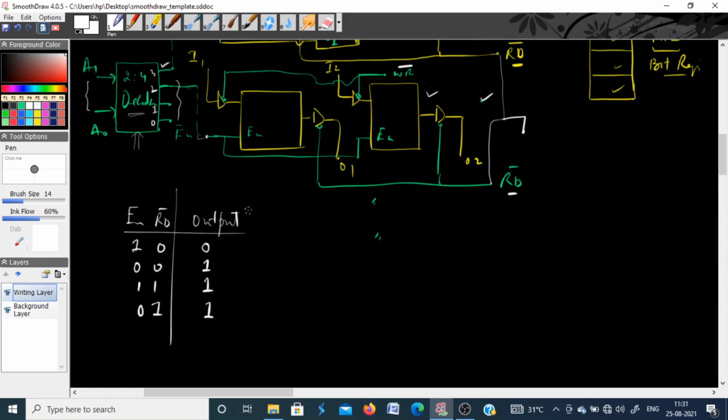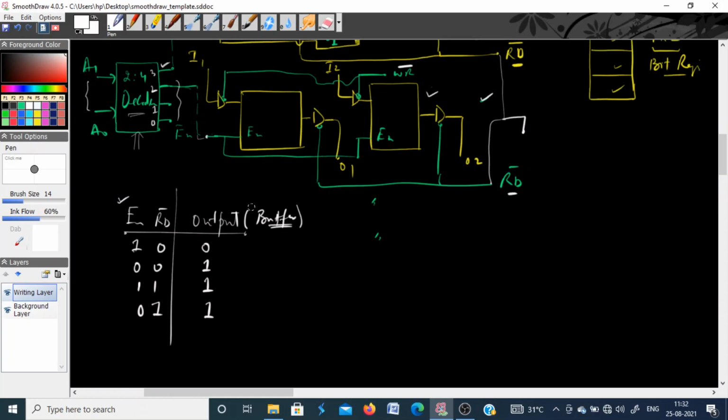Now this is the buffer control, you can say input to the buffer. The input signal to the buffer should not be directly connected from the read pin, because that will control all the buffers irrespective of this enable pin.